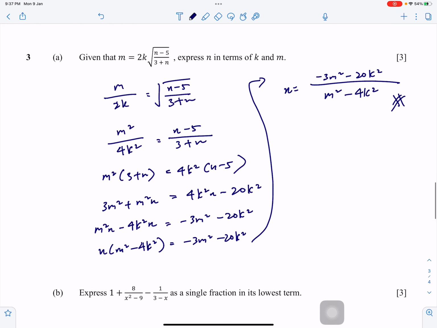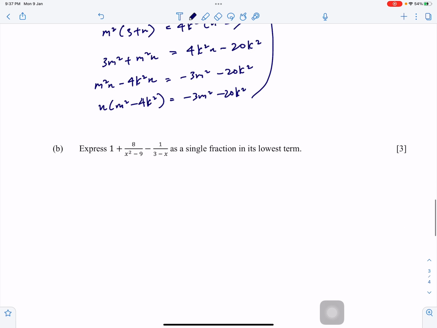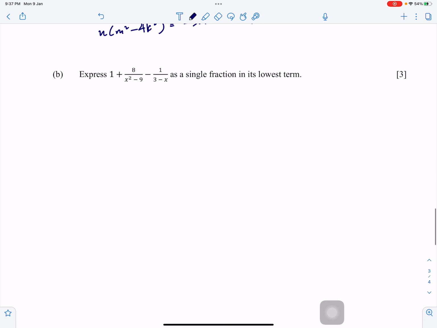You got number 3 already. Number 3b itself, the common denominator obviously is x plus 3 and x minus 3, as you can see.